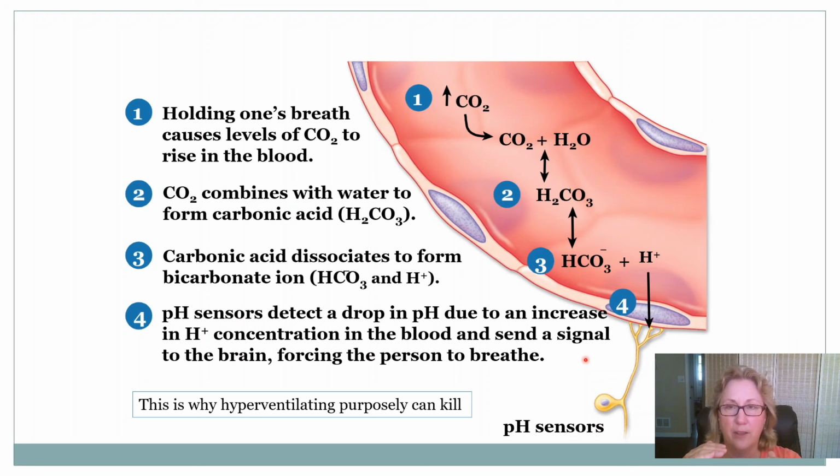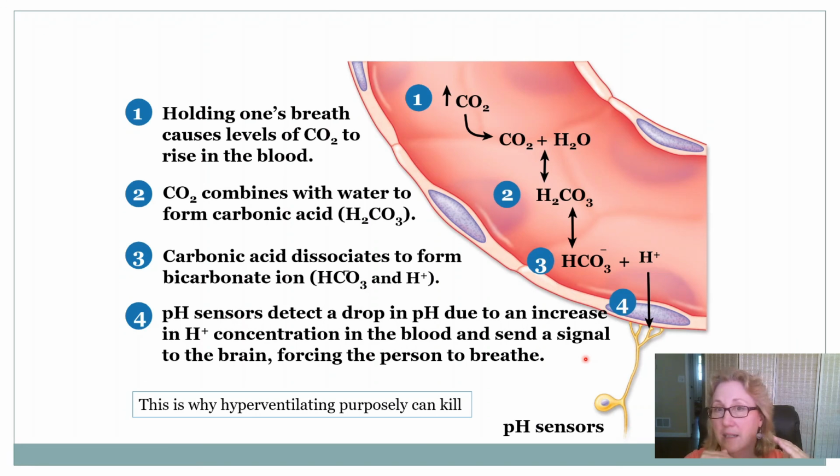Now you hold your breath. So you're holding your breath, CO2 is going up, oxygen is going down, but we're not sensing it, the oxygen is not triggering us to breathe. So you can actually lose consciousness from lack of oxygen before the CO2 system gives you that irresistible urge to breathe.